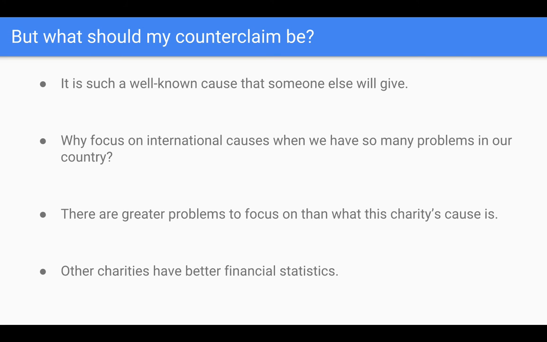And the reason why that's important is because they need to get the word out. And you could argue back. If your charity doesn't have the best financial statistics, acknowledge that in your counterclaim. Just be prepared to fight back to it and show why it's okay that they don't have the best finances. Okay, good luck and be creative with this.